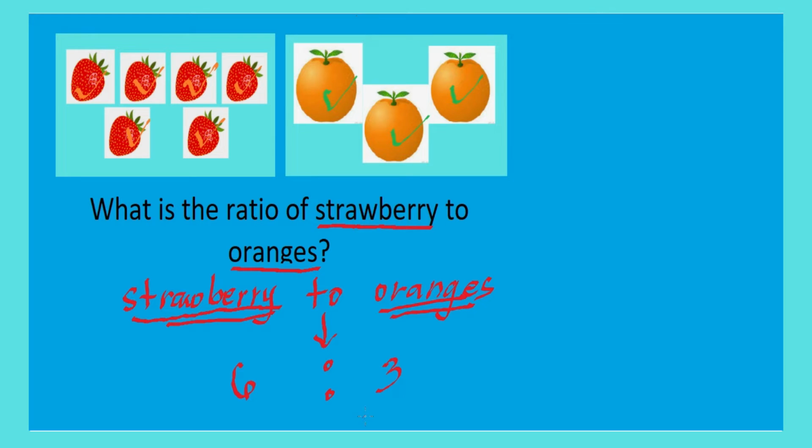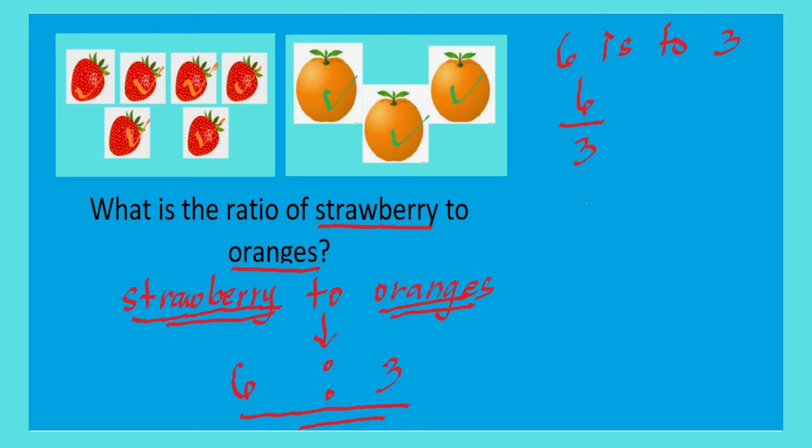And then, do you know that a ratio can be written in 3 forms? This is one of the forms. This is the column form. And there is another form, which is the word form, which is 6 is to 3. And there is another form, which is the fraction form, which is 6 over 3.